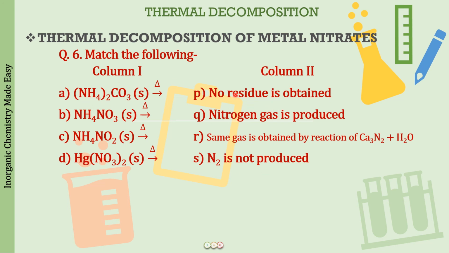More than one possible answer can be from column 2 for one particular choice. For example, if I say A choice, it can be P and Q correct, it can be P, Q, R correct, it can be P, Q, R, S, all of them together correct. So you have to choose accordingly. All right, and you have to put your answers in the comment section. Only then I am going to give you the correct answer. And if there are any doubts, do not worry. We will definitely discuss it in the next lecture on the thermal decomposition reactions.